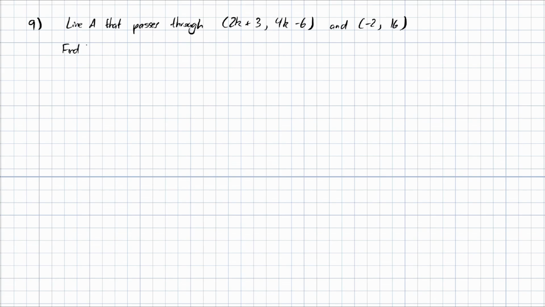Find k if the slope of line A is 0. Okay, so for number 9, you see 4k.